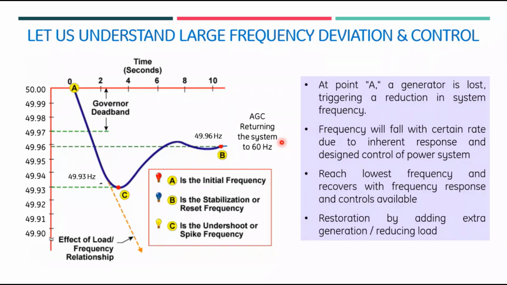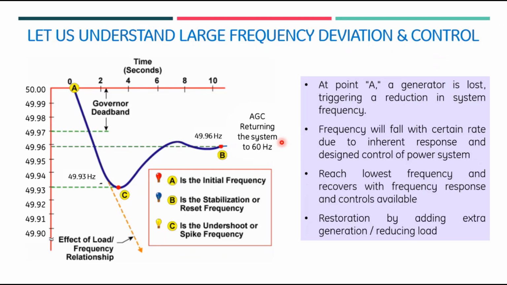With that, the system first responds with whatever inherent controls are there, which act whenever there is a change in frequency. Their response is to restore the frequency and reduce the rate of change of frequency, and then it reaches the lowest point where the balance is there between the load and generation, and after that frequency starts recovering through the various control measures.